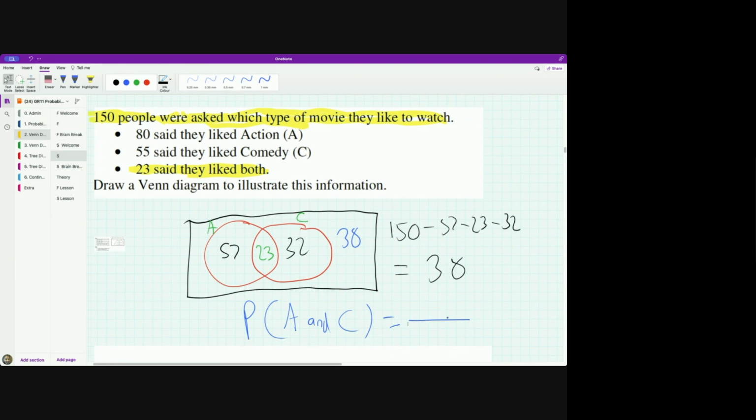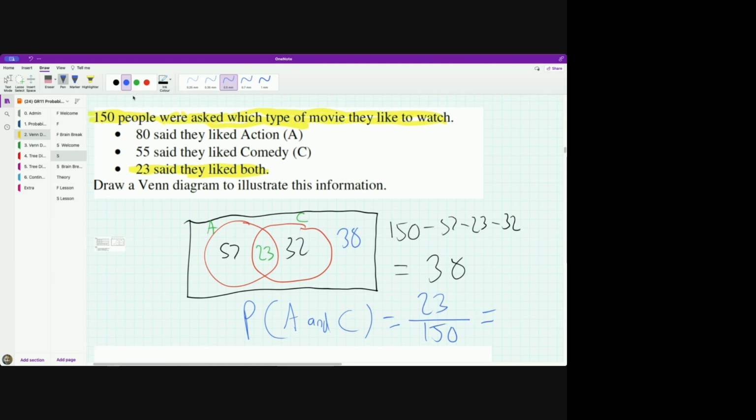What is the number of possible outcomes for your choice? What is the number of favorable outcomes in response to the event question? So it's going to be 23 out of 150. And you can convert that to decimal if you need to. It's easier to compare things when they're decimals, but if you're not comparing, you can just leave it.